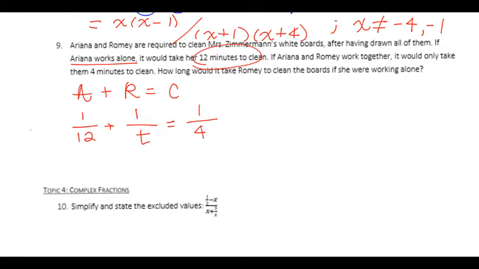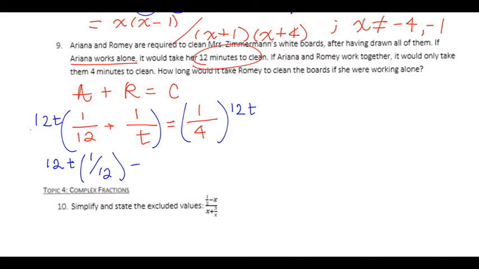This is the equation we're working with. We want to multiply both sides of the equation by the least common denominator, which is going to be 12t. So I get 12t times 1/12, I distribute, plus 12t times 1 over t is equal to 12t times 1 over 4.